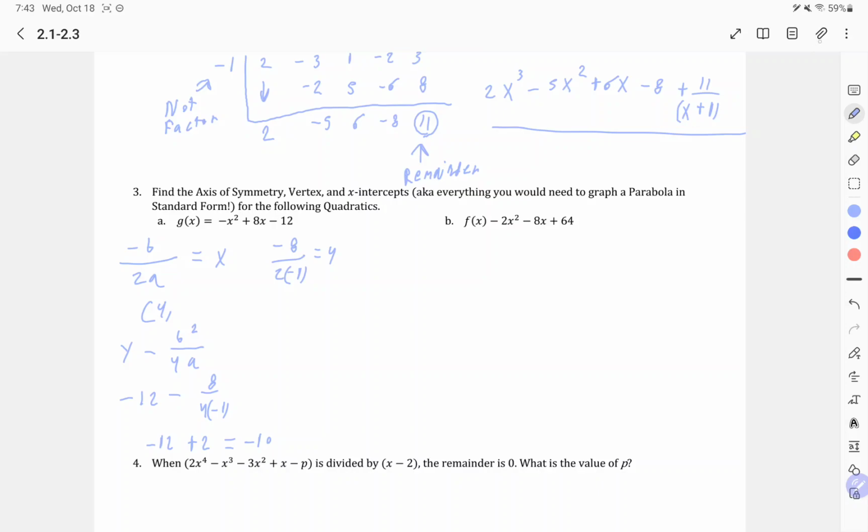Let's check. So I actually messed up big time, because negative 12 minus 8 squared is 64. So 8 times 8 is 64. 64 over 4 times negative 1. 4 times negative 1 is negative 4. So negative, negative, positive.